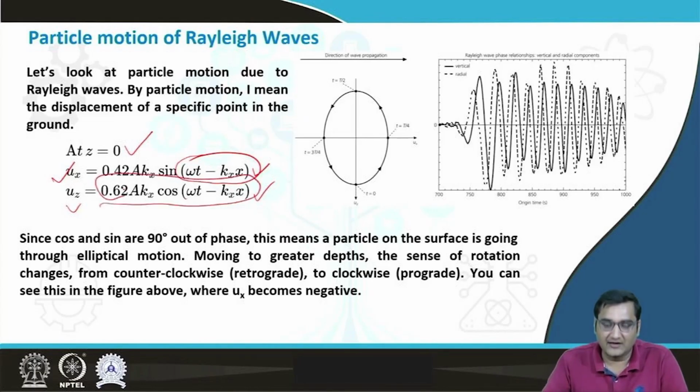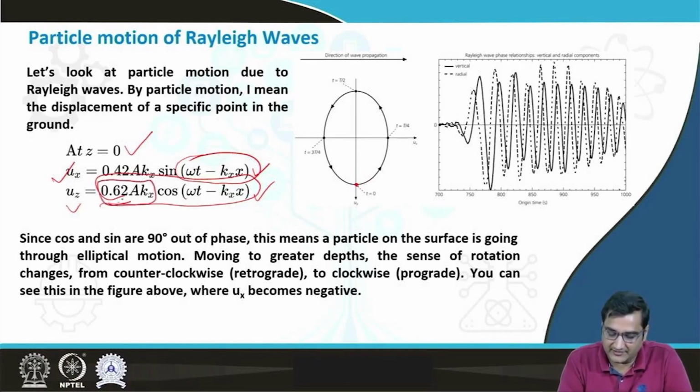That means the particle motion will dominantly be in the z direction. So at ωt − k_x x equal to 0, the particle will have this position here, in the positive z direction, at an amount of about 0.62 A k_x. This is the amount.